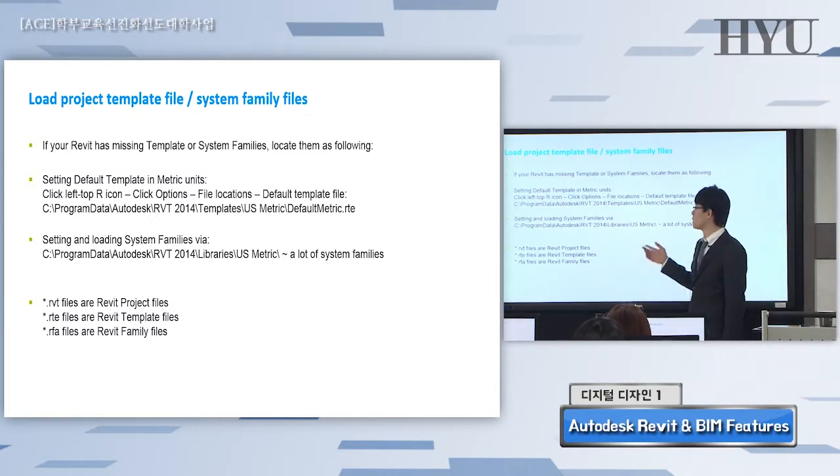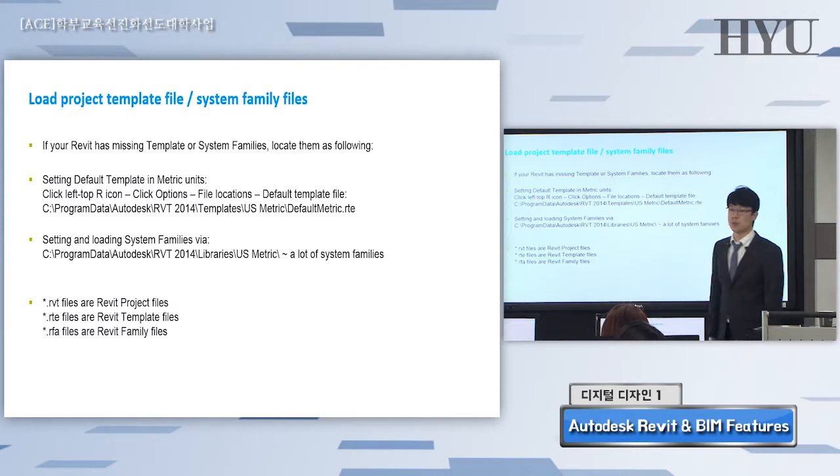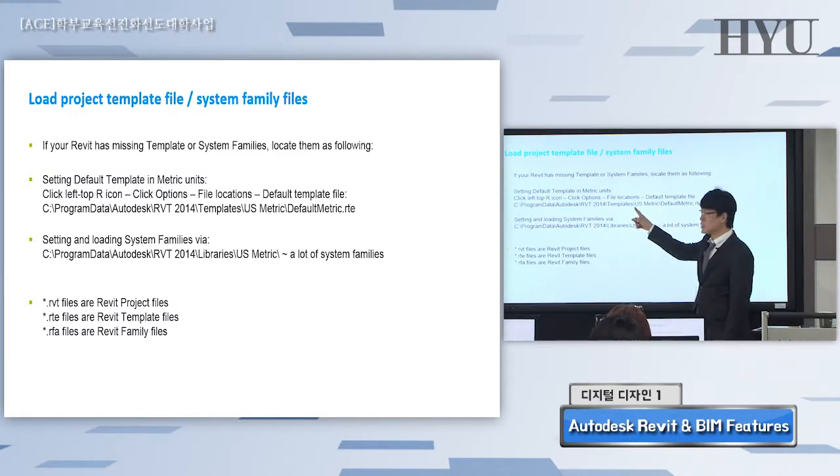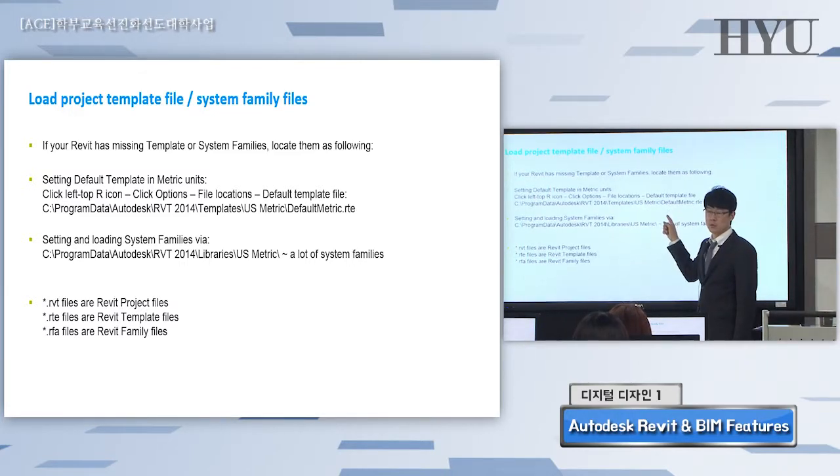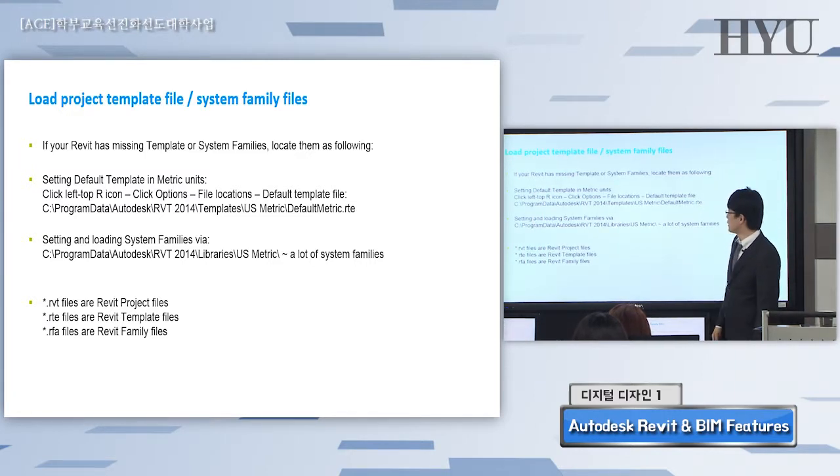But that's fine, but I recommend you use US metric first. If you open US imperial, you cannot see metric dimensions, everything is in inches or feet, so it's not easy to measure actual scale, so use metric, that's my recommendation.